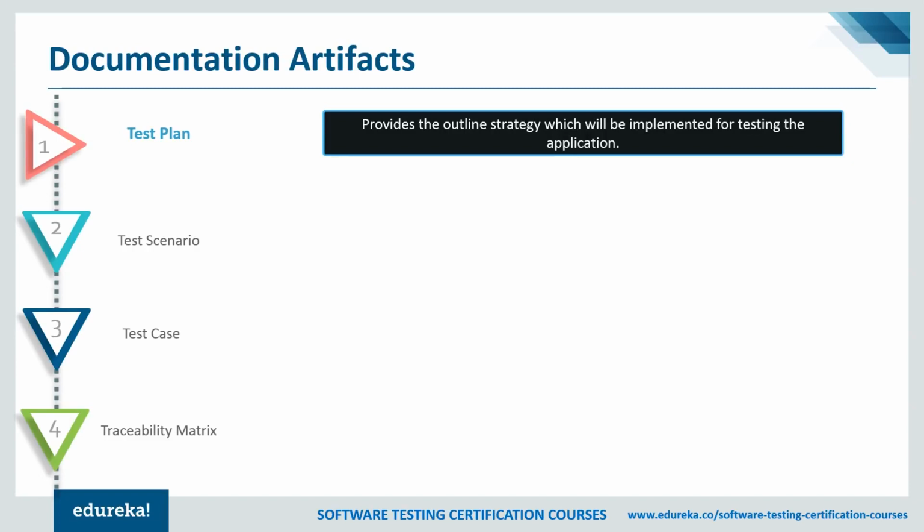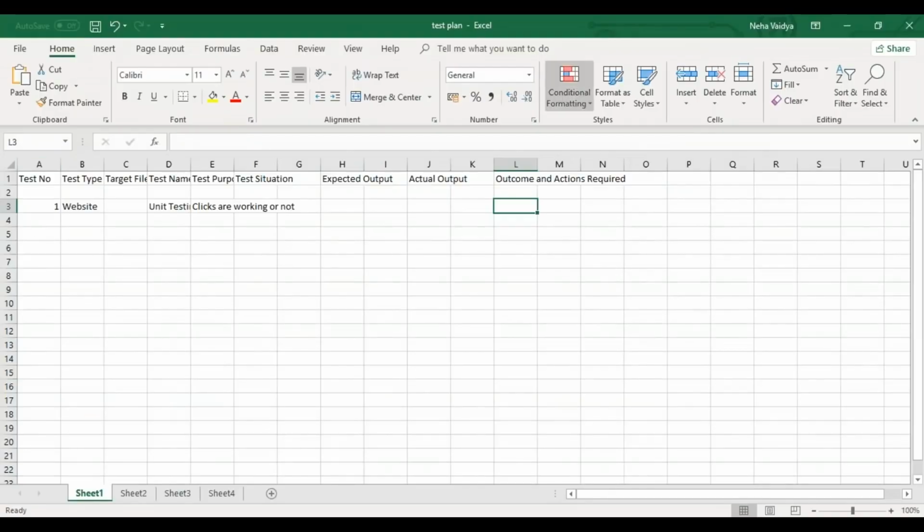So let's take an example of how you have to maintain a test plan report. This is my test plan report, where I have columns like test number, the type of the test, target file, test name, purpose of the test, test situation, expected output, actual output, and outcomes and actions that are required. For example, say you are testing a website. So the test type will be website, and you have to give your test number.